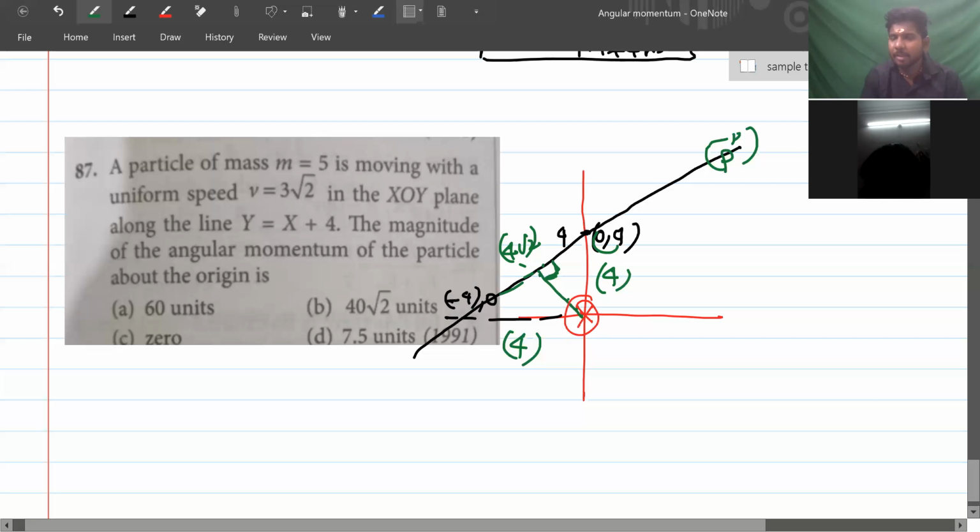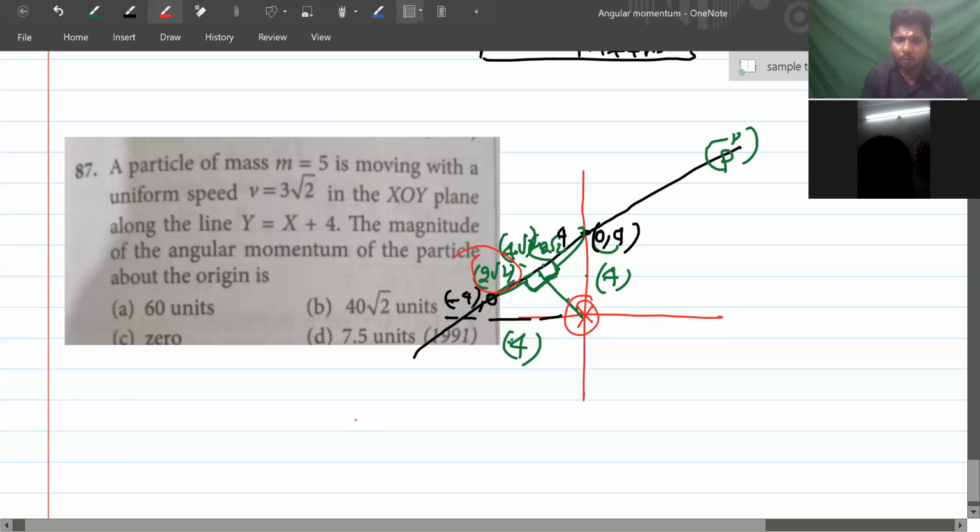This side is 4, this is 4, and this is 4 root 2, so half of it will be 2 root 2 and 2 root 2. Now this is a right angle triangle, and this is the hypotenuse.